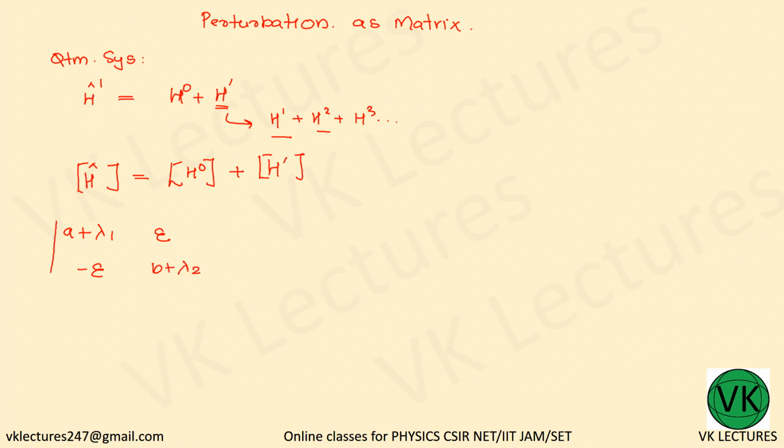Okay, so this is the perturbed Hamiltonian, which can be written in the form of H naught, the unperturbed Hamiltonian, which can be A 0 0 B. And what about the perturbation? Perturbation is whatever is left: lambda 1, epsilon, minus epsilon and lambda 2.